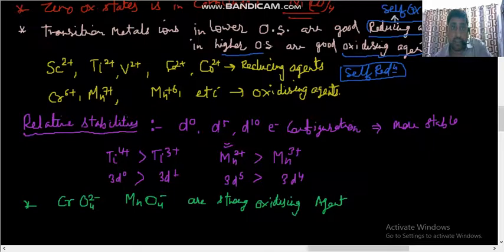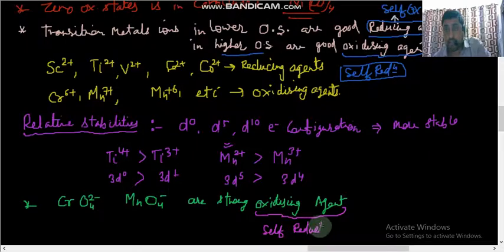If we elaborate, oxidizing agent means self reduction. Now why do they have this tendency? Because in MnO4 minus, manganese has the +7 oxidation state. In CrO4 2 minus, that is the chromate ion, chromium has the +6 oxidation state.